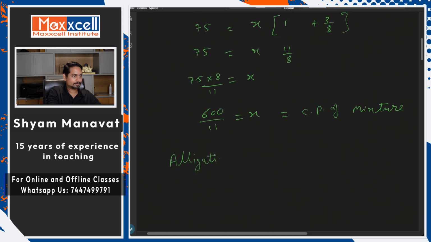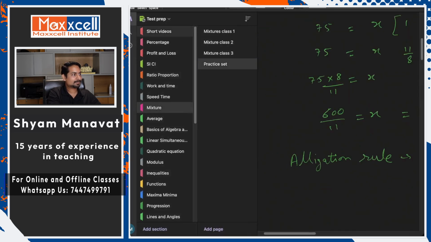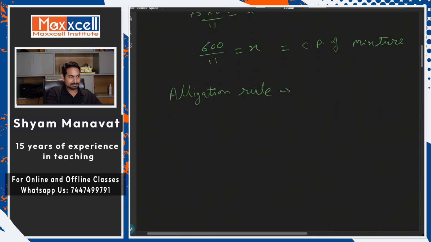Alligation rule. To understand the alligation rule, please go through lecture number 2 of mixtures and solution. The alligation rule here I will apply with the cost price. So the cost price of the spirit given in the question is 60 rupees per liter.